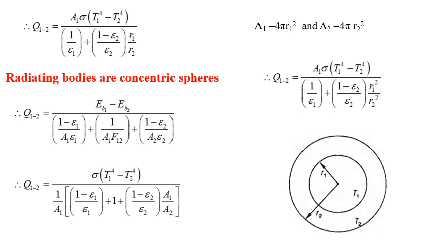So like this we can show the relation for radiation heat exchange between gray surfaces, maybe a surface enclosure, or maybe plates. For any surface we can derive the equation.